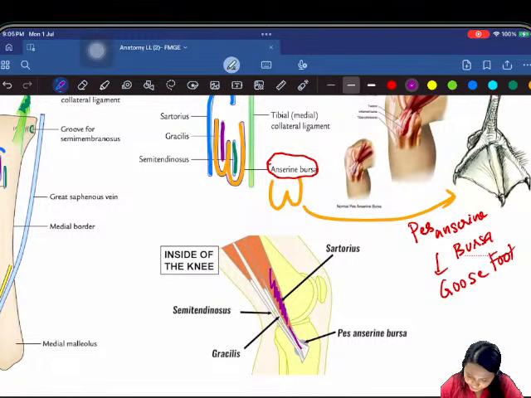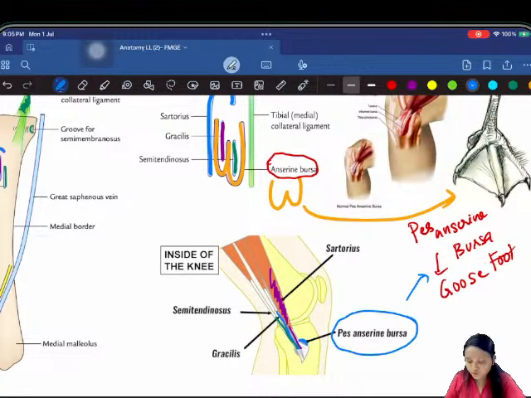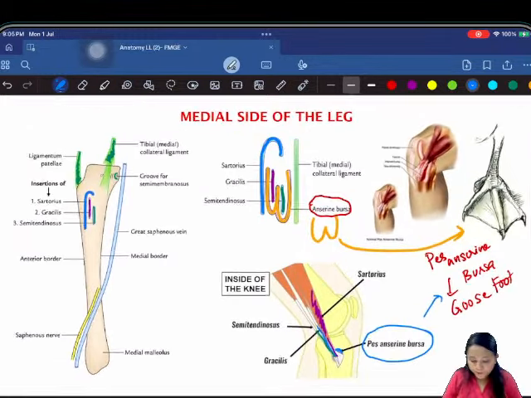Then you have the gracilis and then you have the semitendinosus. इनके बीच में जो bursa है, that is known as your pes anserine bursa because the shape of this bursa is like a foot of a goose. So it is known as pes anserine, मतलब goose foot. That's why it is known as pes anserine bursa.